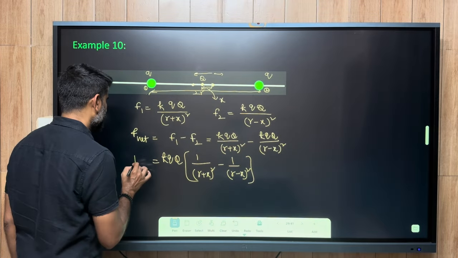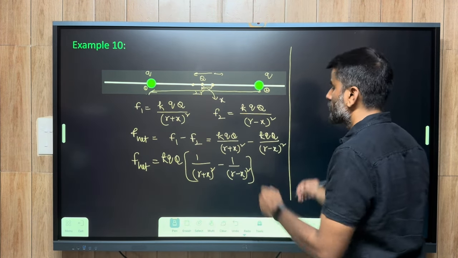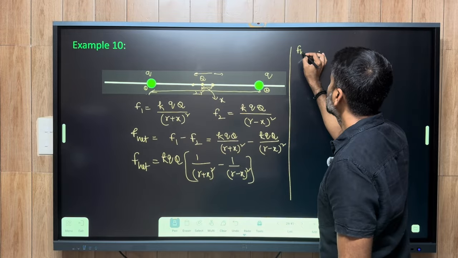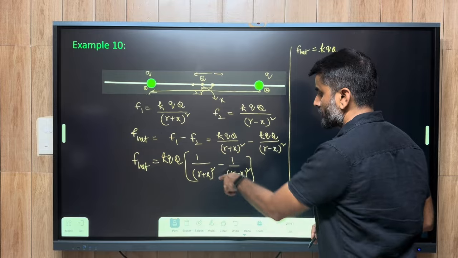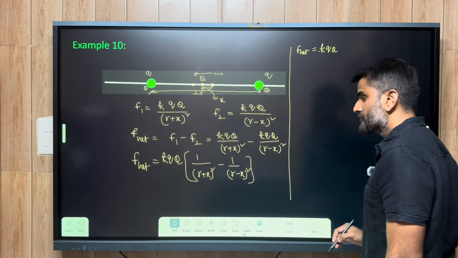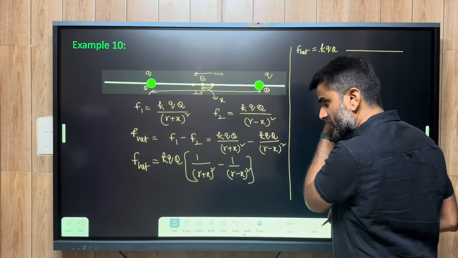Let's simplify further. I am taking the LCM, r plus x into r minus x. a plus b into a minus b is nothing but a square minus b square, so I am writing it as r square minus x square, and squaring it up.